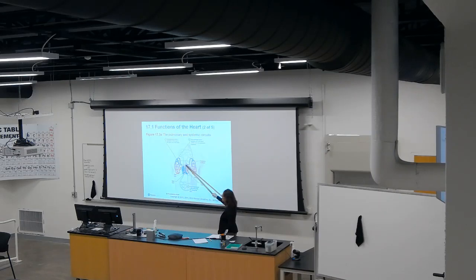Then this pulmonary trunk subdivides into two different arteries, the right and the left pulmonary arteries, that bring the blood into the capillaries of your lungs. Capillaries are tiny blood vessels, the tiniest blood vessels that we have. They are so tiny that they allow the passage of oxygen really quickly and the absorption of CO2 really quickly, so you can have fast gas exchange.